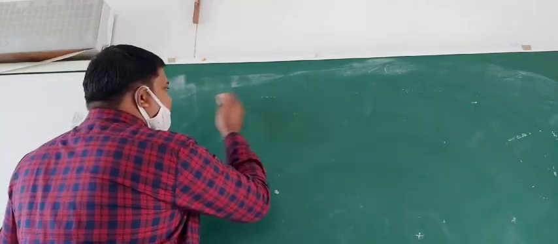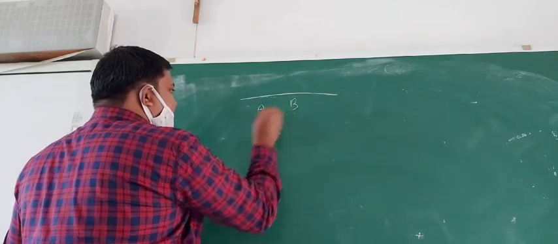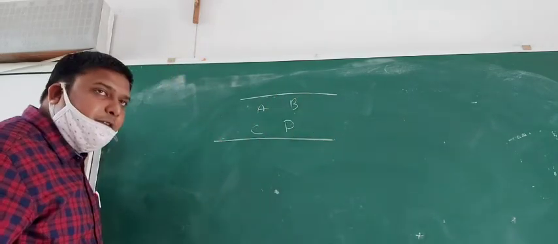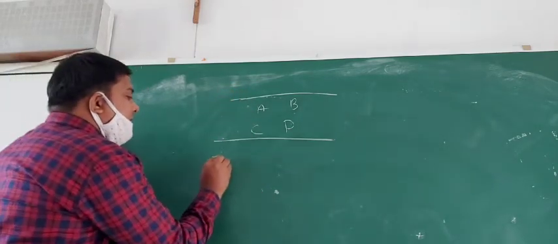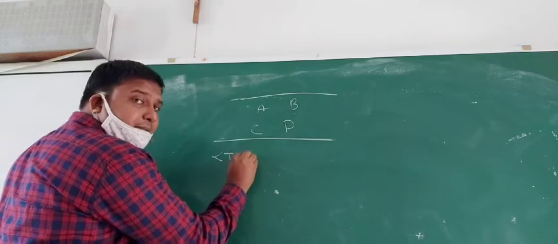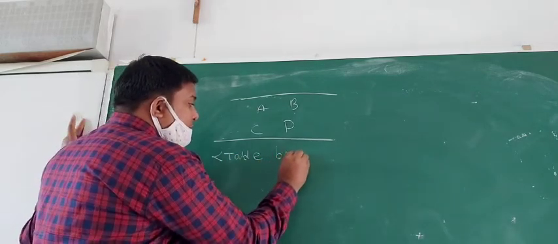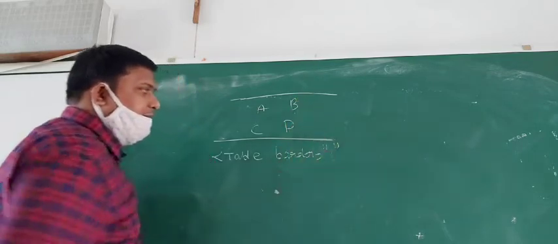So look here, one example I may give you. If the table is like that, A, B, C, D, so first of all, what will you do? You will start with a table tag. So you will write here table. Clear? And then you will write here border is equal to 1.